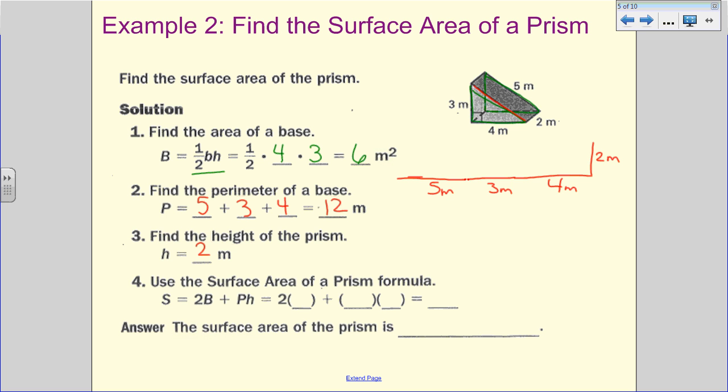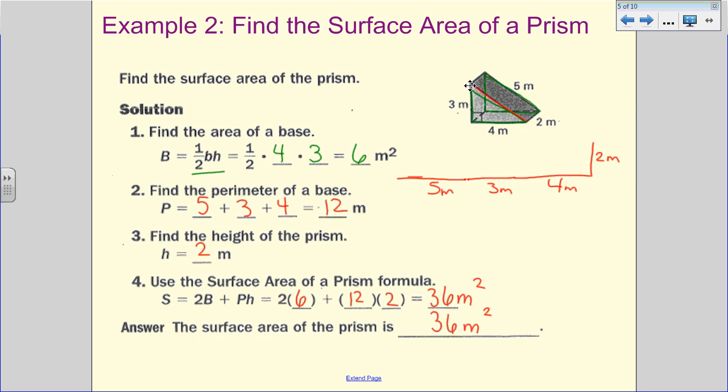If we do 2 times the area of the base, so 2 times 6, plus the perimeter, which was 12, times the height of 2, we have 12 plus 24, which is 36 meters squared. So that's what using this formula is.